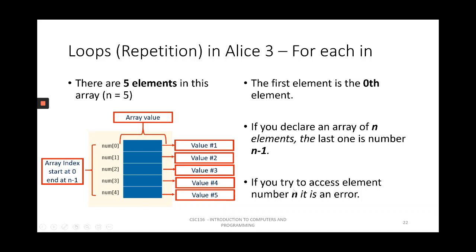Okay, so if you try to access an element beyond that number, it is an error. So for example, if your n is 5, the last number must equal 4. So for this array, you have 5 elements. We start with value 0, until the last one is number 4.